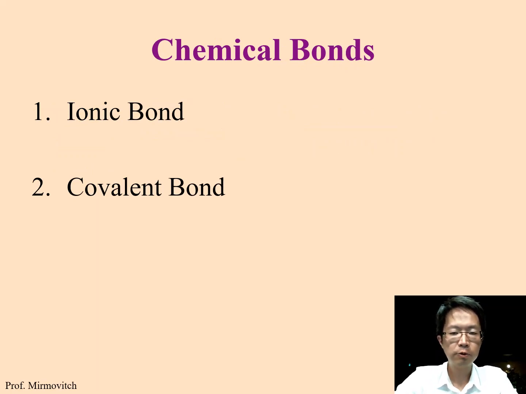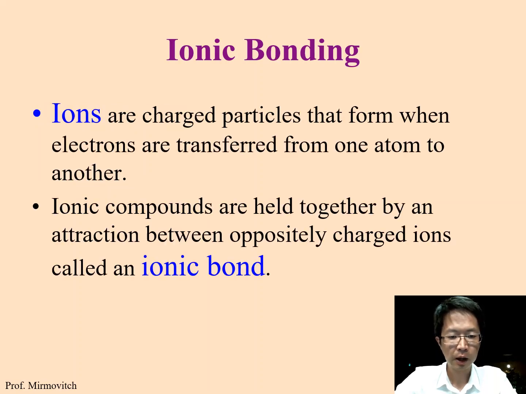We will focus on two types of chemical bond, ionic bond and covalent bond. Ionic bond is a complete transfer of electrons from one atom to another. So again, the attraction between oppositely charged ions we call an ionic bond.